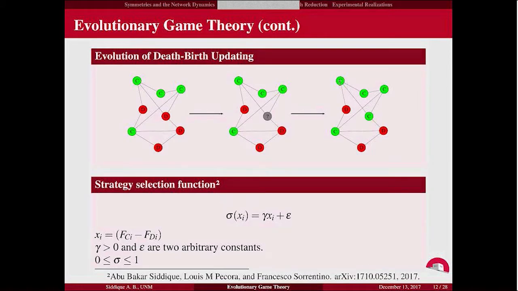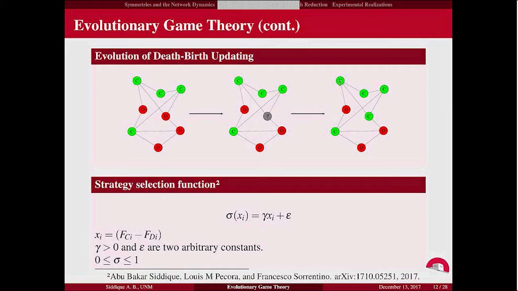I'd like to briefly describe the evolution of the game. At each time step, one node is removed and a new offspring takes its place, and the new offspring decides its strategy based on the fitness of its neighboring nodes.